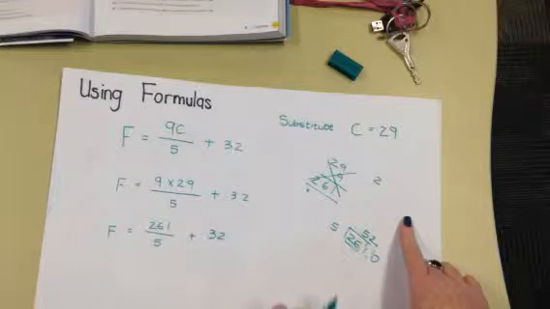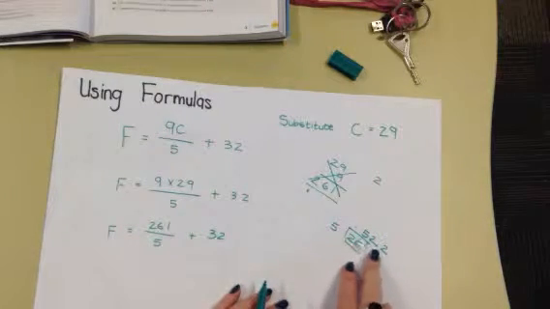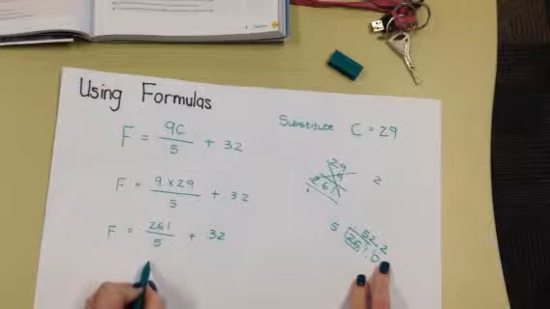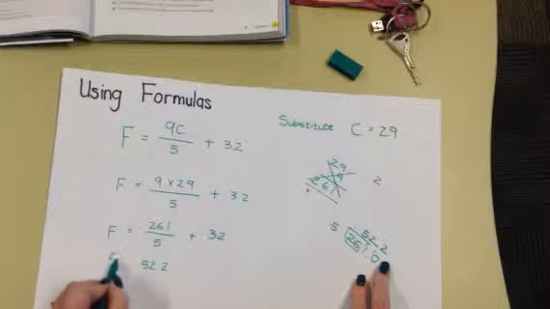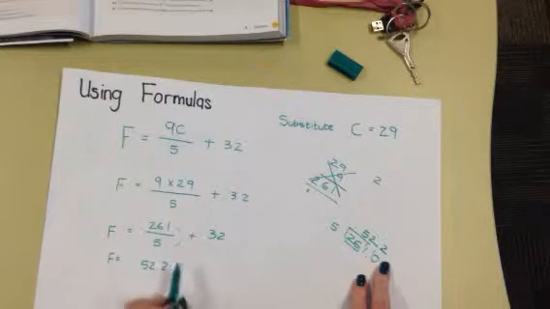Put a decimal there. 5 goes into 10 twice. So we can see our answer is 52.2. So 5 goes into 261 52.2 times. So we've said how many times the bottom goes into the top, because that's an improper fraction, plus 32.